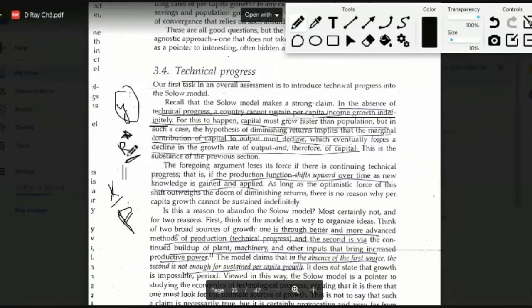So we cannot really explain any long run growth in this K star in the absence of technical progress.